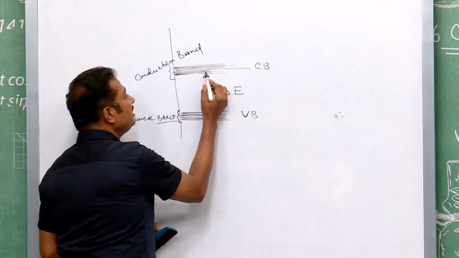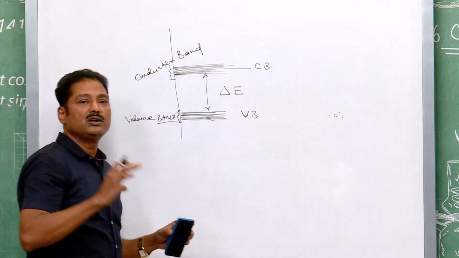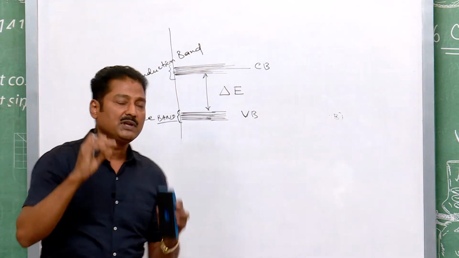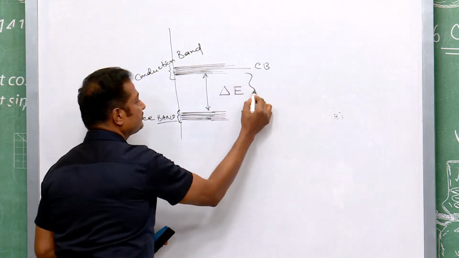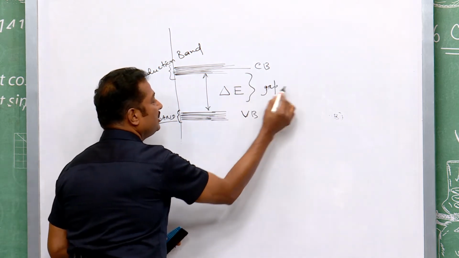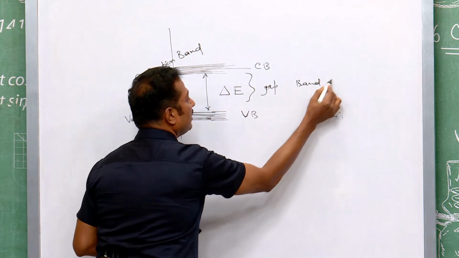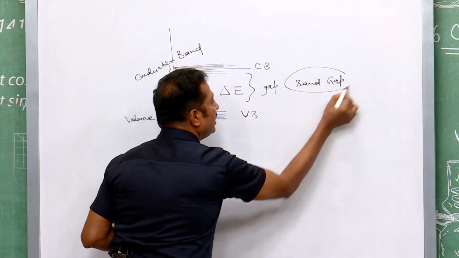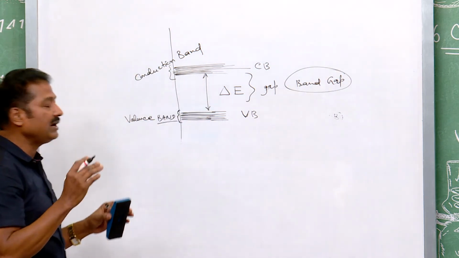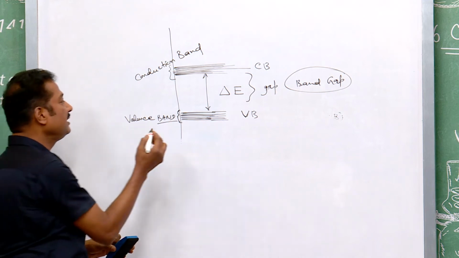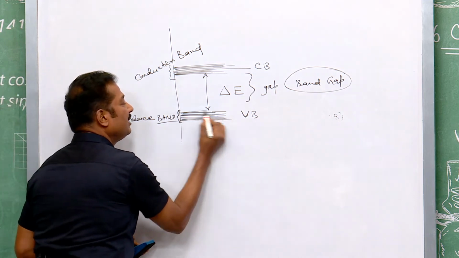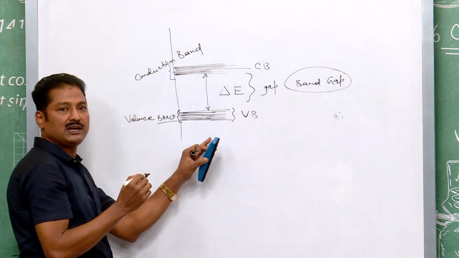In this way, the valence band and the conduction band are separated by a gap, which is called the band gap, and you will find no energy level in it.